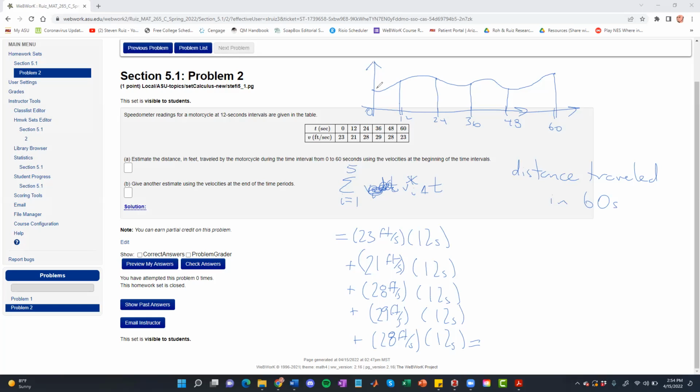Yeah, so use the left one. Right. So here's the thing. I am choosing that value, and I'm going to act as if the motorcycle is traveling at whatever speed it was traveling at time equals 0 for the entire 12-second span. And then I'm going to repeat that process for the other 4 subintervals. But notice, because of that, let's call this T I.